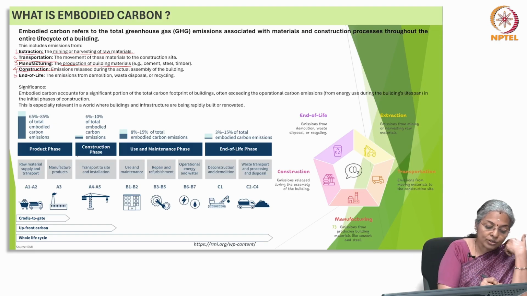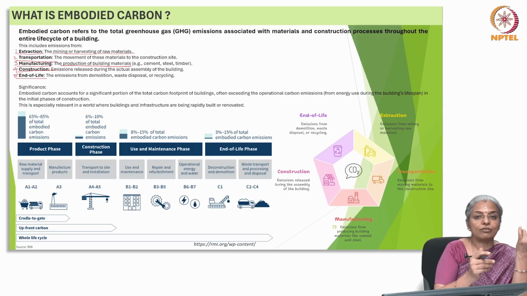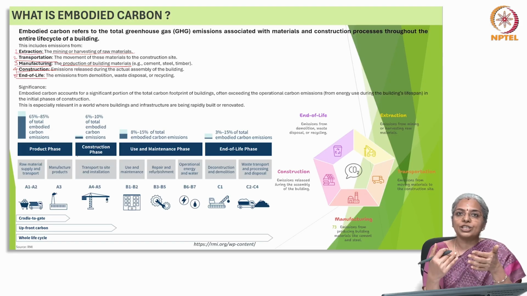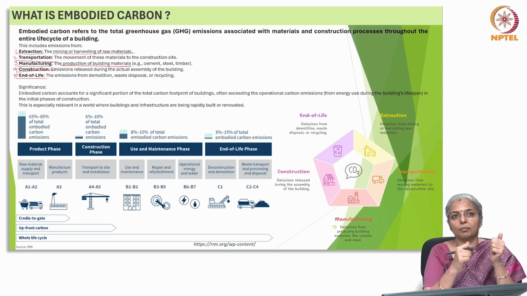And then it also includes end of life, which means once the building becomes obsolete or old and you want to demolish it, the energy required for demolishing it. All this put together is embodied carbon.